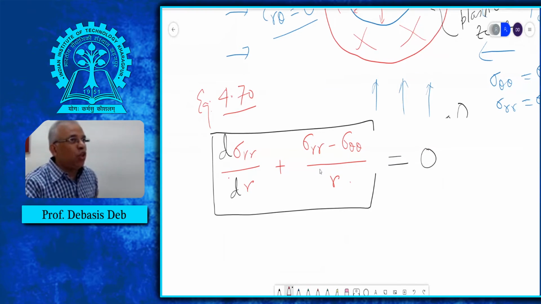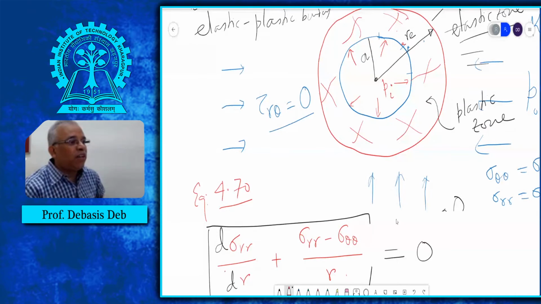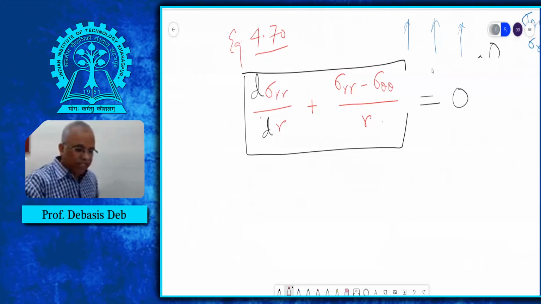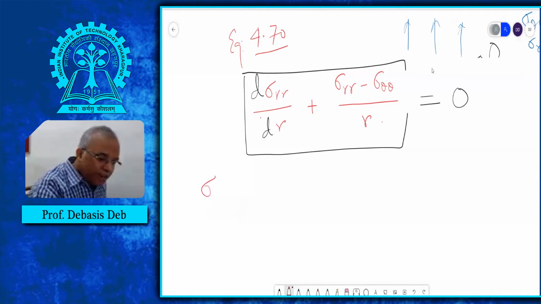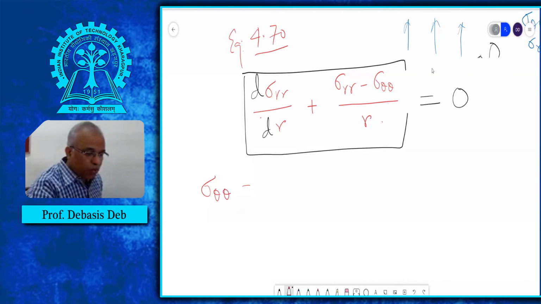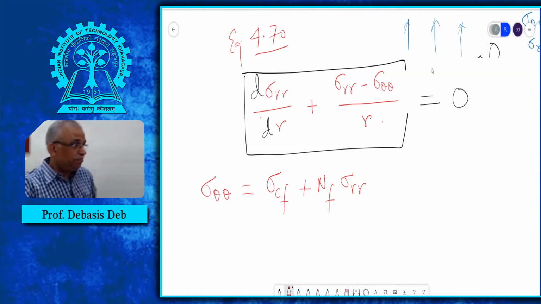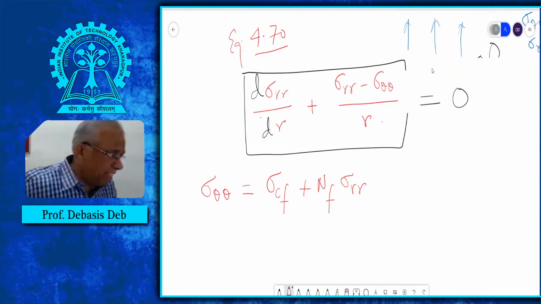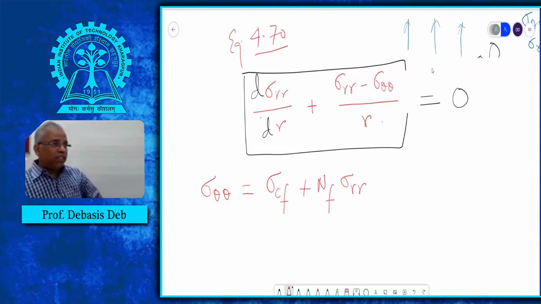Now, in this plastic zone we will consider that sigma theta theta will be something like, I'm just writing first, then I will explain, sigma CF plus N phi into sigma R. This sigma CF is called the strength of the fractured rock.